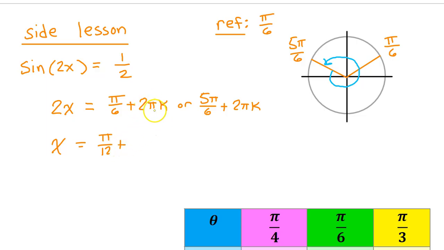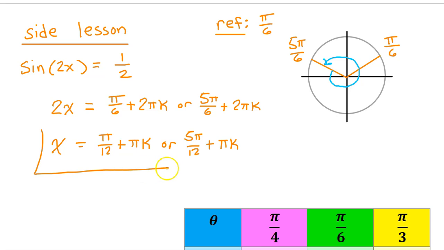When you divide 2 pi k by 2, the 2 cancels out. So you would end up with pi k right here. And then you would have or. Dividing by 2 here will give you 5 pi over 12. And dividing by 2 here cancels this out, and you have pi k.